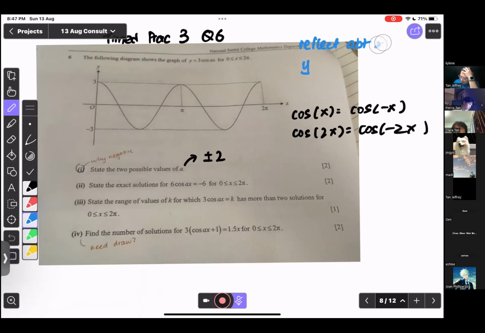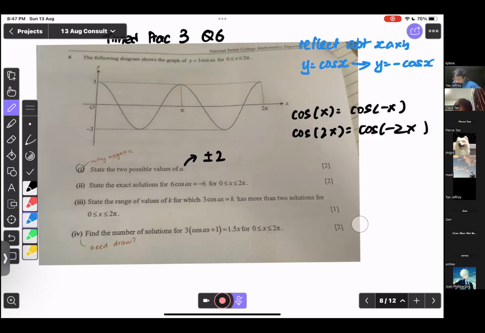For example, y equals cosine x, you change to y equals negative cosine x. So this affects the y value. Okay, don't worry too much, it's more on topic 14, topic 15.